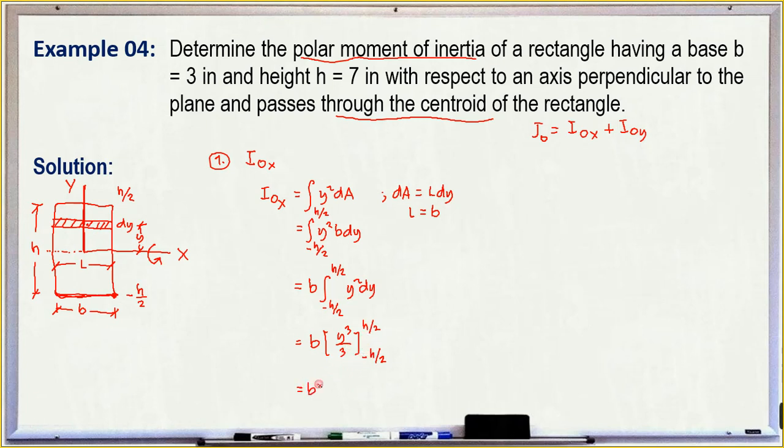So we have b times h over 2 cube all over 3 minus h over 2, this is negative, cube all over 3.